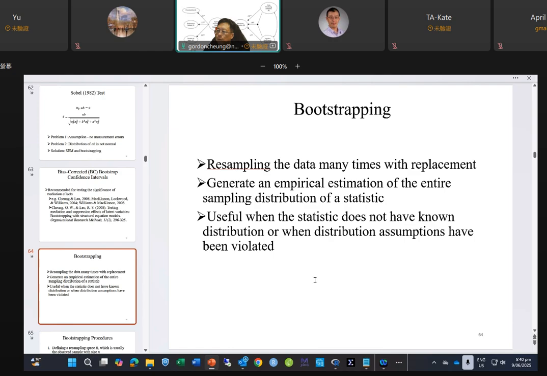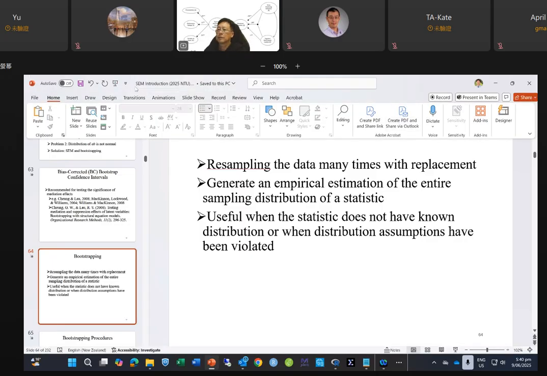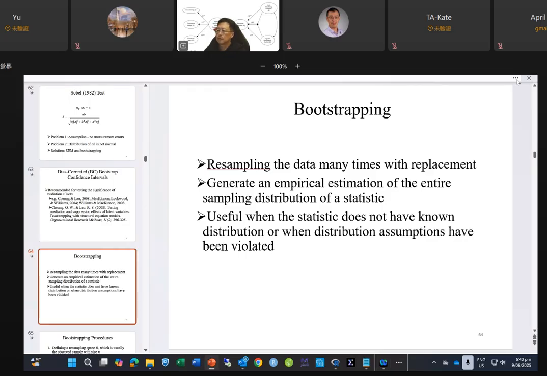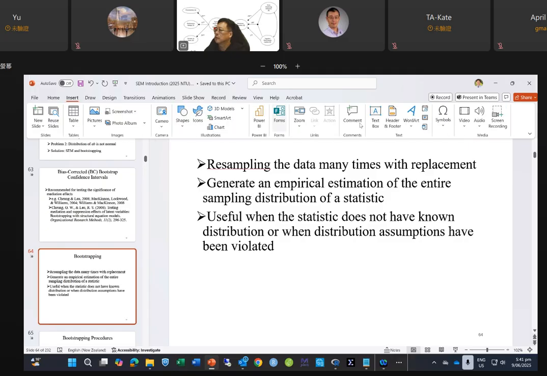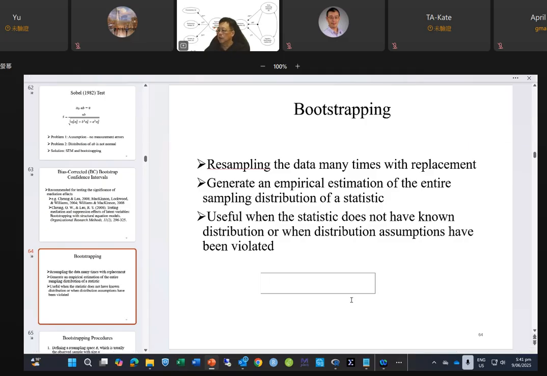Supposedly, we have five subjects in our sample, A, B, C, D, and E. If we resample a sample of 5 from this, we may have 5 A's, or we may have A, B, C, D, D. We may have B, C, D, E, E. So you will have a lot of combinations of resamples.